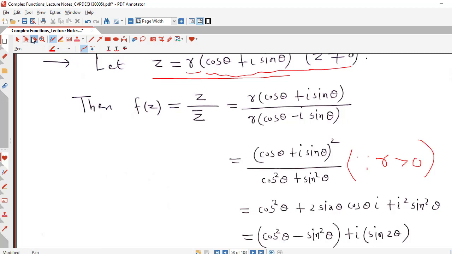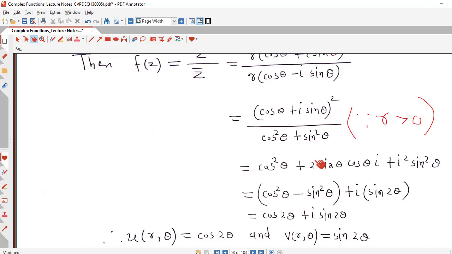If we multiply this by cos theta plus i sin theta, it is (cos theta plus i sin theta) squared, and in the denominator, cos theta minus i sin theta into cos theta plus i sin theta gives cos square theta minus i square sin square theta. If we use i square equal to minus 1, we obtain cos square theta plus sin square theta, and this is going to be 1. The numerator we expand using the formula for the square of a plus b.